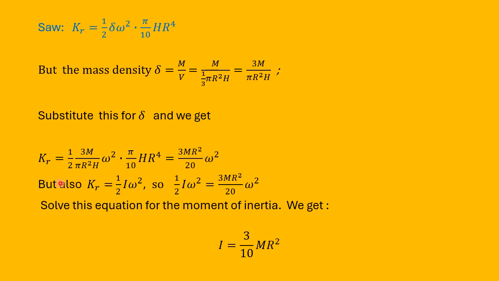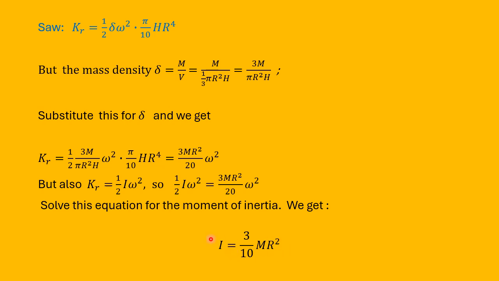But let's remember also that we know that the rotational kinetic energy by our definition of the moment of inertia is equal to 1/2 I omega squared. So the kinetic energy that we calculated up here also has to equal 1/2 I omega squared. And this equation right here we can easily solve for I. Multiply both sides of the equation by 2, divide both sides of the equation by omega squared, and what we get is that the moment of inertia is 3/10 mr squared.